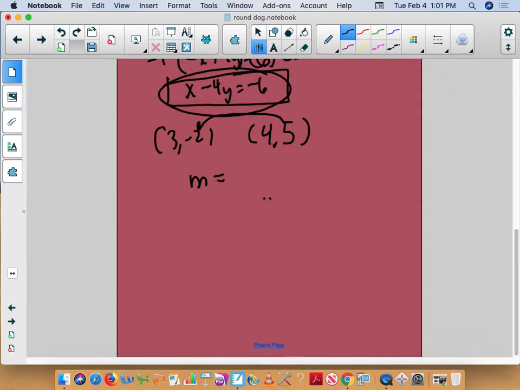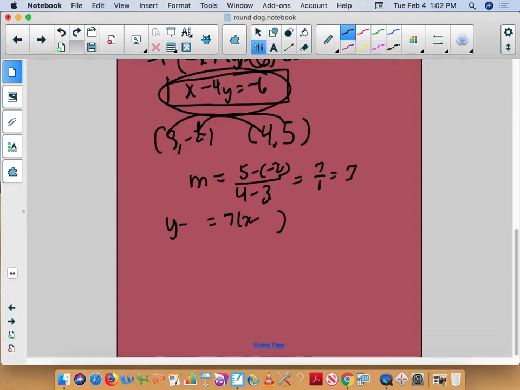All right, so it doesn't matter which point you start with, but as long as I started with the 5 minus -2, I'm going to have to go back to 4 minus 3. This is 7 over 1, which is 7. This is what Susan was asking. Now she's going to say y minus y1 equals m times x minus x1.